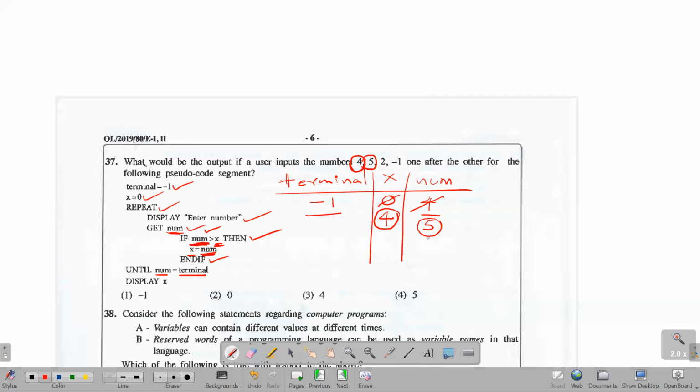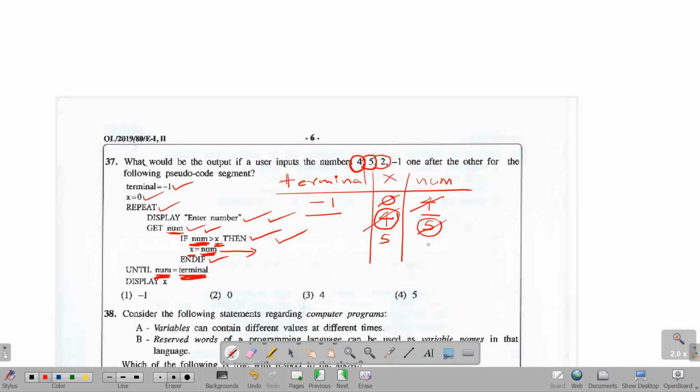So yes, num is larger than x. So this is correct. Then again, num is assigned to x. So instead of 4, it gives 5. And num equals terminal? This checking is done. It is not equal. So it goes here and says enter the number again. So it enters 2.